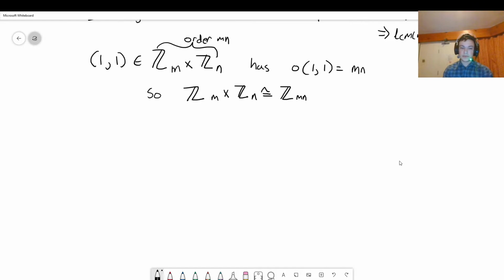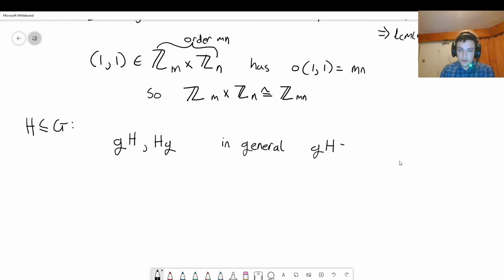Okay. If we go back to thinking about cosets now, recall that the left cosets are gH for some H a subset of G. We have that gH and Hg are the left and right cosets, and in general, gH is not equal to Hg.